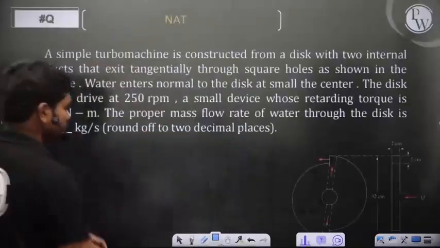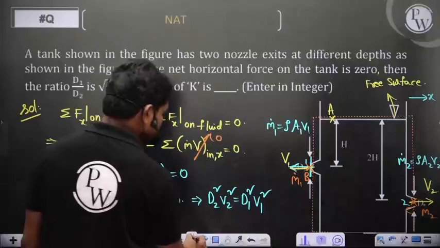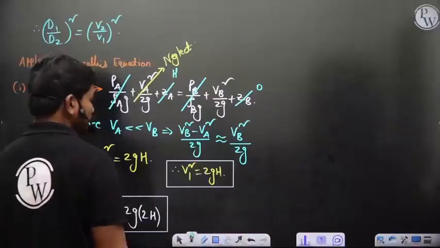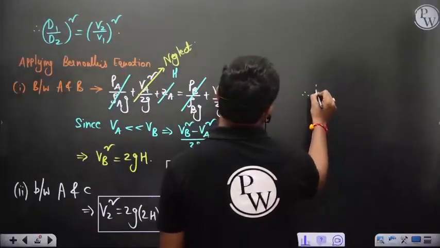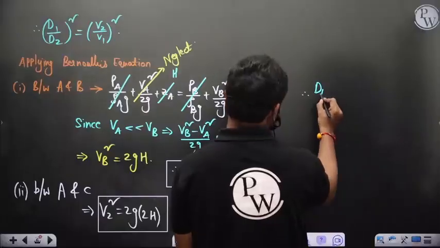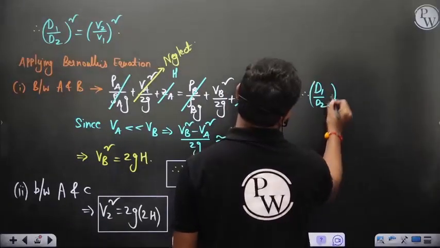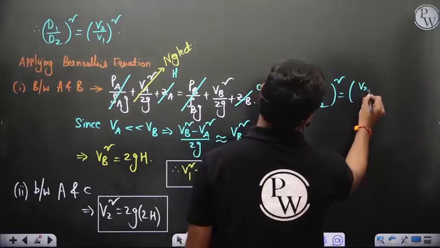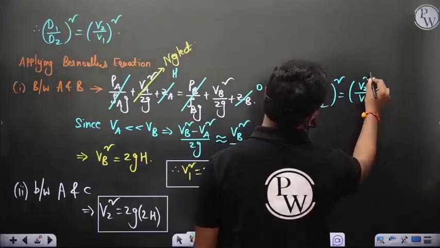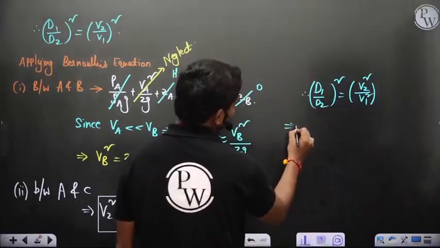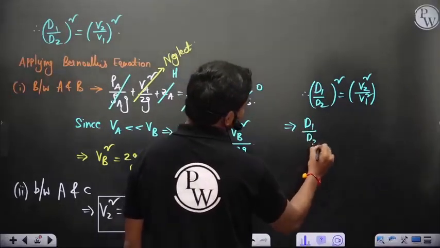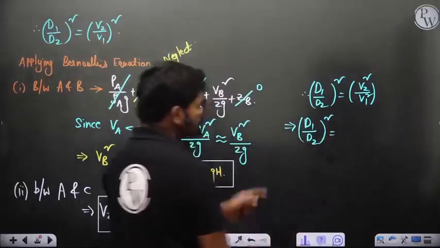So if you calculate this, then what happens? Let's see. Therefore D1 by D2 whole square is equal to V2 by V1 square, which is V2 square by V1 square. So D1 by D2 whole square is equal to, what is V2 square?